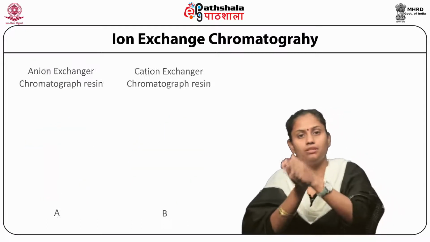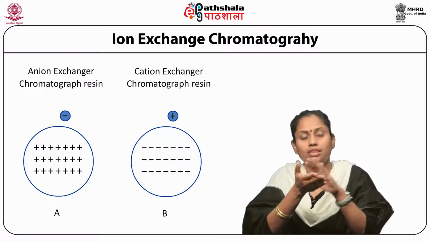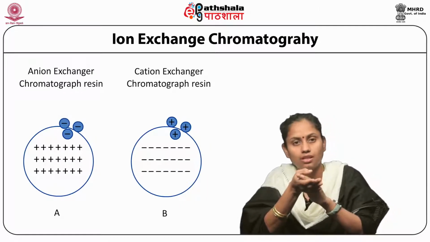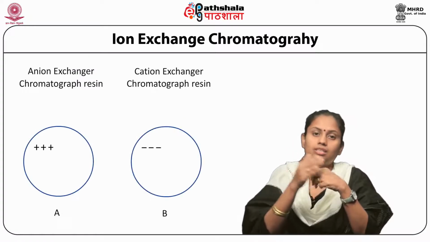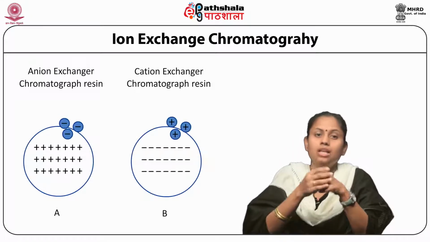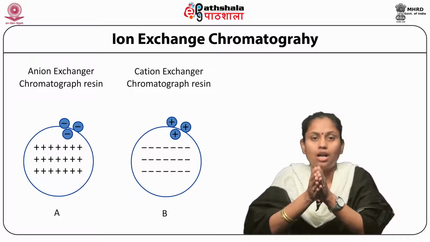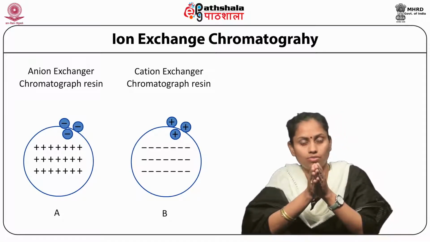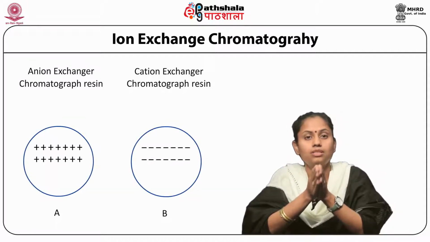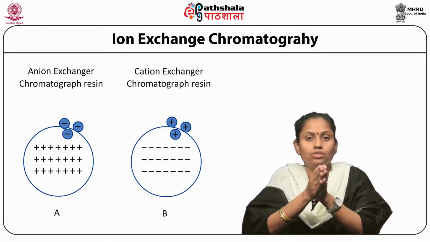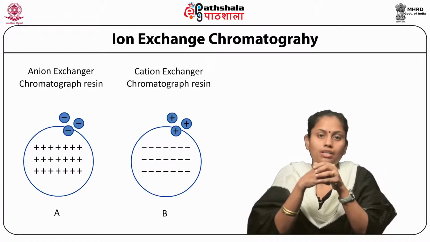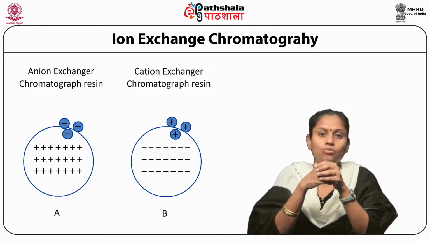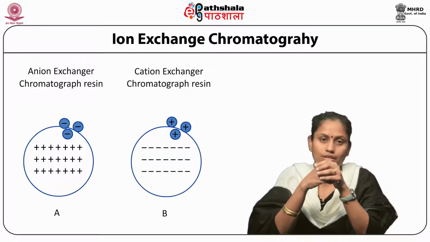Similarly, in figure B, the resin is negatively charged and hence the cations are adsorbed. The adsorbed ions are of the compounds present in the mixture which is to be separated, and this mixture is introduced into the ion exchange chromatograph along with the mobile phase.